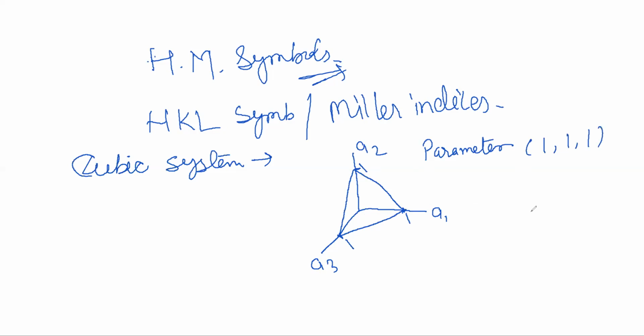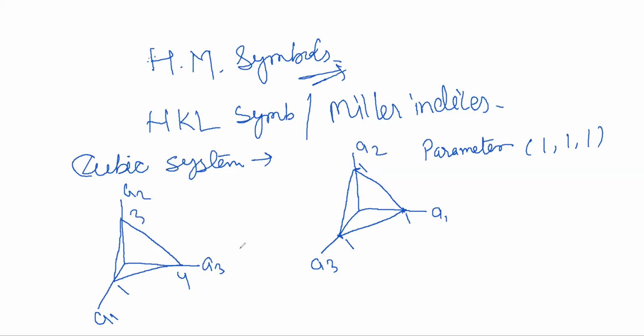Since it is cutting at this axis, suppose one is cutting at this axis, another one is cutting at this axis. Let's say this is 1, this is 3, and this is 4. A1, A2, A3.